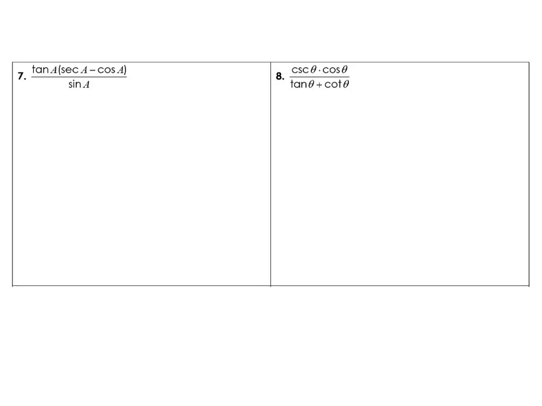Okay, this problem looks like it's going to be a mess. Let's go through and put everything in terms of sine and cosine. That might be one of the better approaches here. So I know tangent is going to be sine of A over cosine of A. Secant is 1 over cosine A minus cosine A. And all of this is over sine of A. Okay, now let's go ahead and do our distributive property in the numerator.